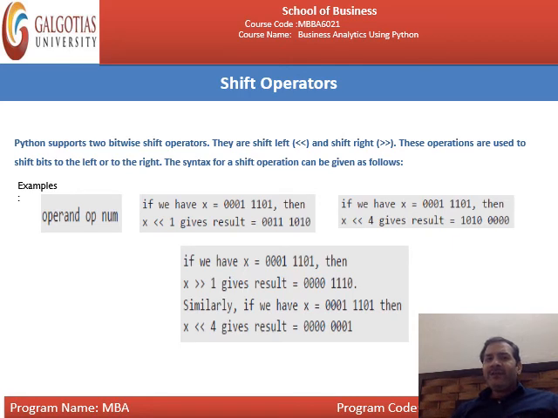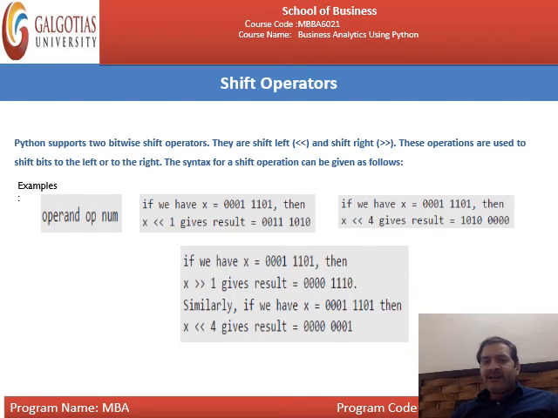Then if x is less than less than 1, we are talking about the arrow from which direction? Left side. So x, this particular number, will be left shifted by 1 bit. What will be the result?